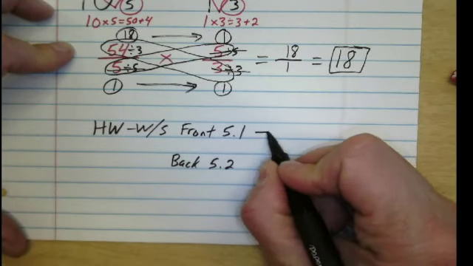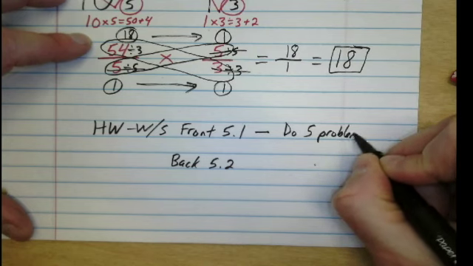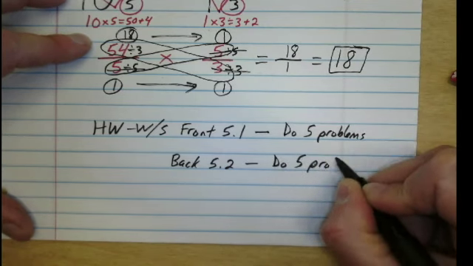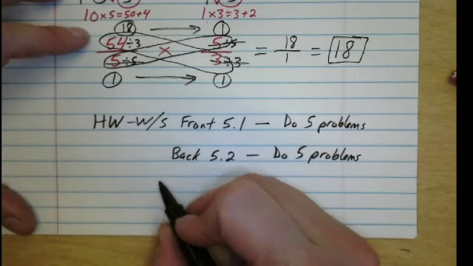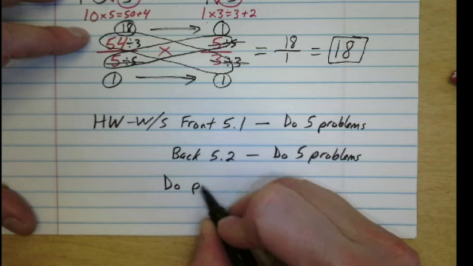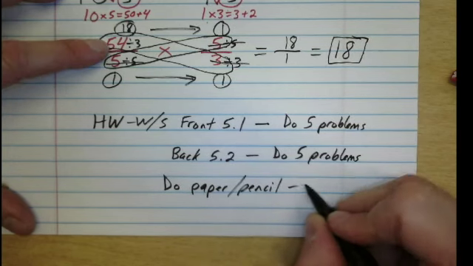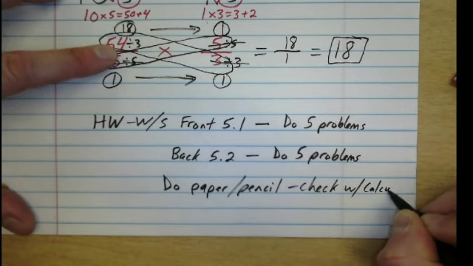On the front, I would like you to do 5 problems. And on the back, I would like you to do 5 problems. And then after you do those paper pencil, just like I showed you here in the notes, then I want you to check with the calculator.